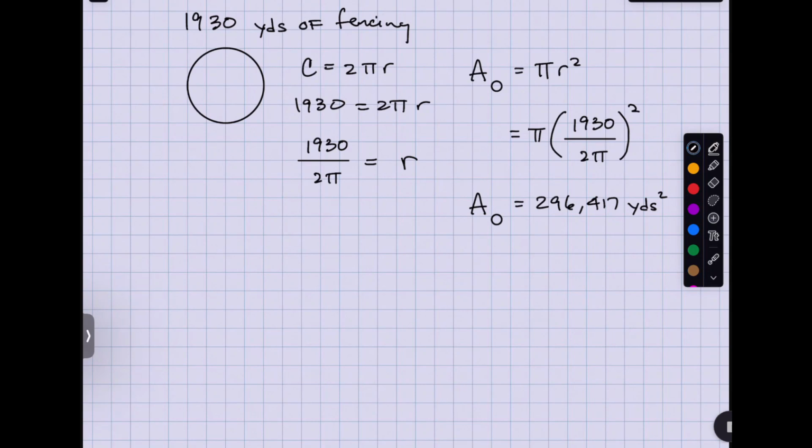Was it in the A or the B? It was B, problem solving with geometry 2. That's where I saw it.